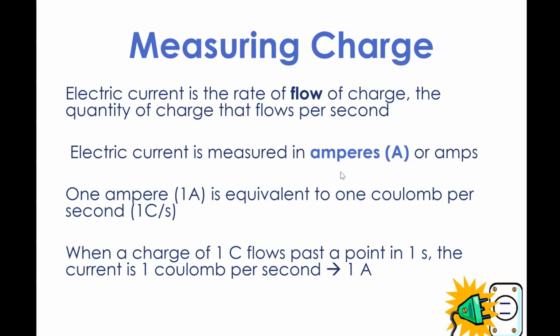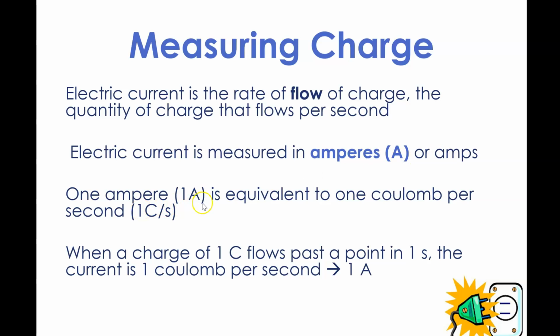The device used to measure electric current in a circuit is called an ammeter, which measures current in amps.